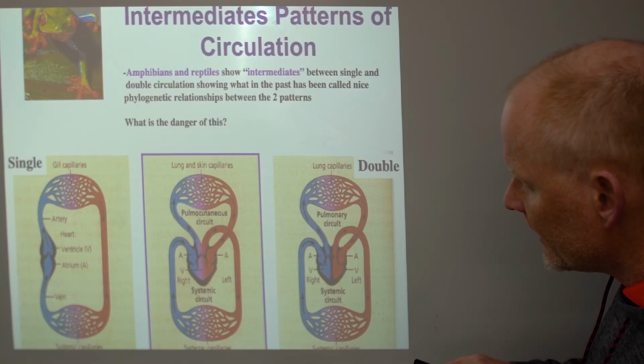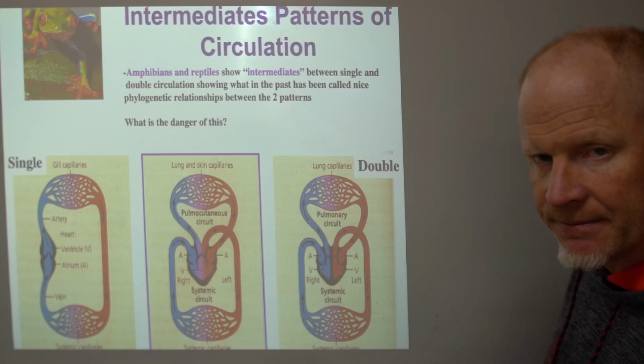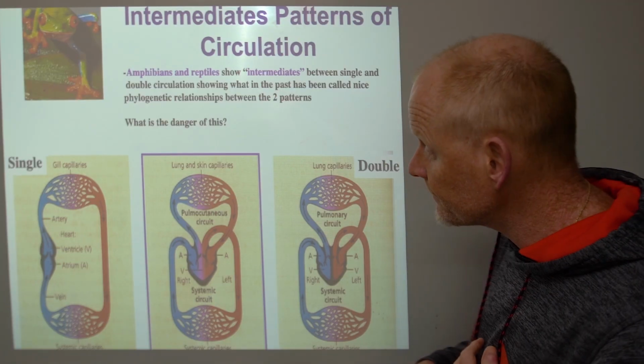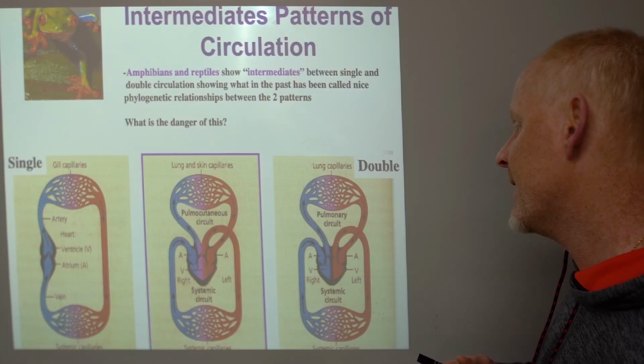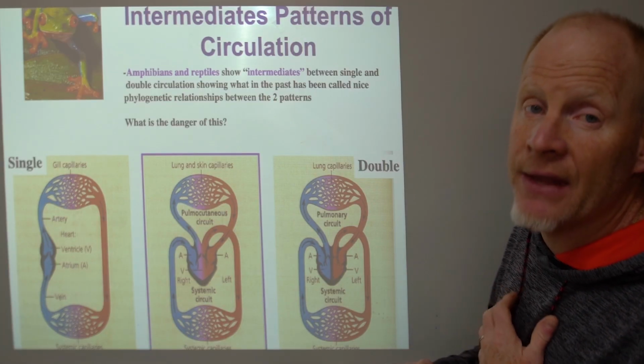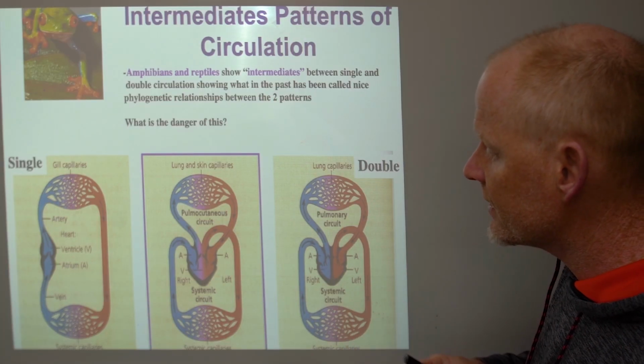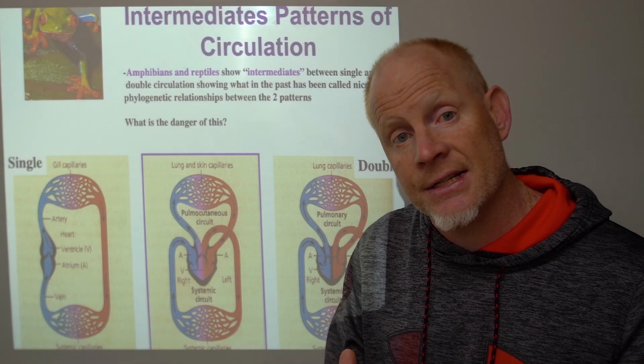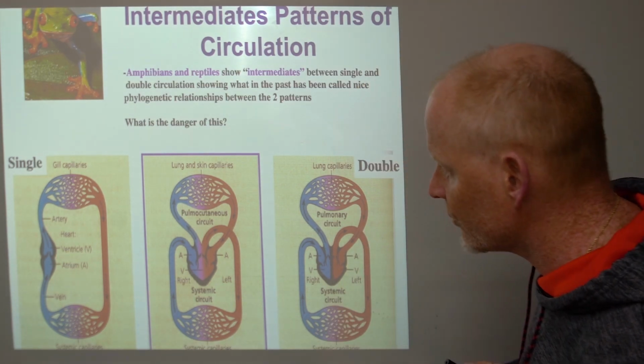In the intermediate pattern, you actually have blood that could mix because oxygenated and deoxygenated blood are sharing the same ventricle. I will talk about how that really doesn't happen in the amphibians or the reptiles, and how the heart can be three-chambered anatomically, that is, it looks three-chambered, but functions as a four-chambered heart.